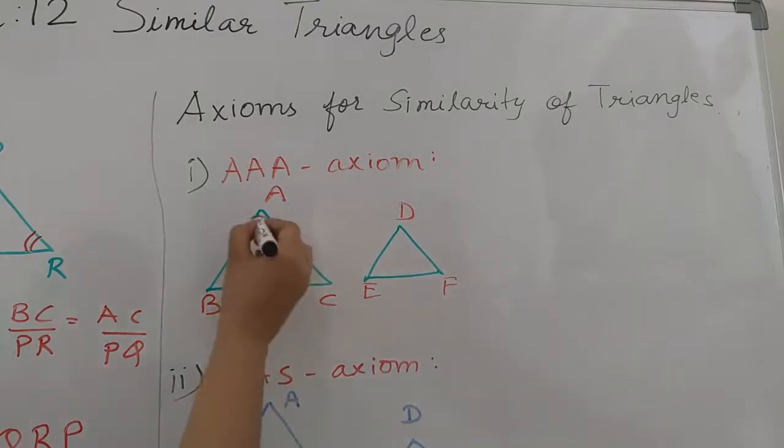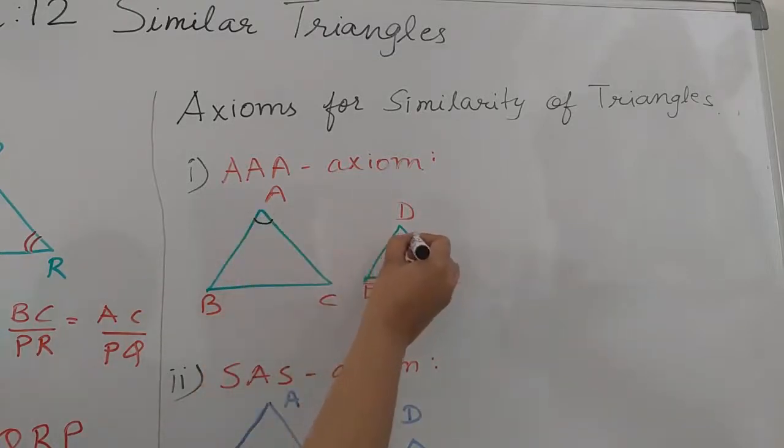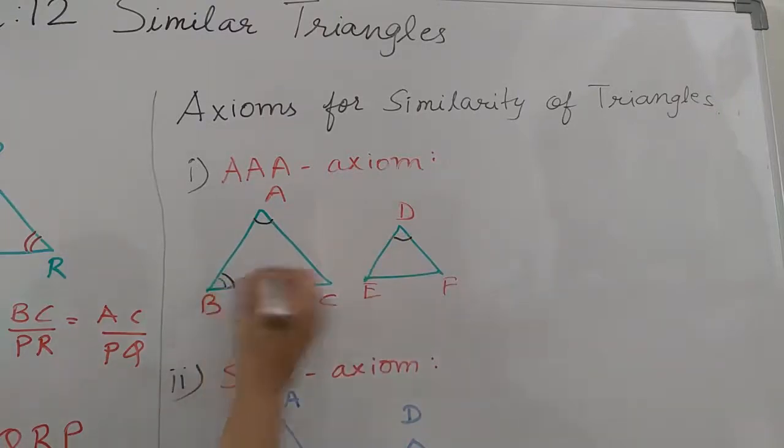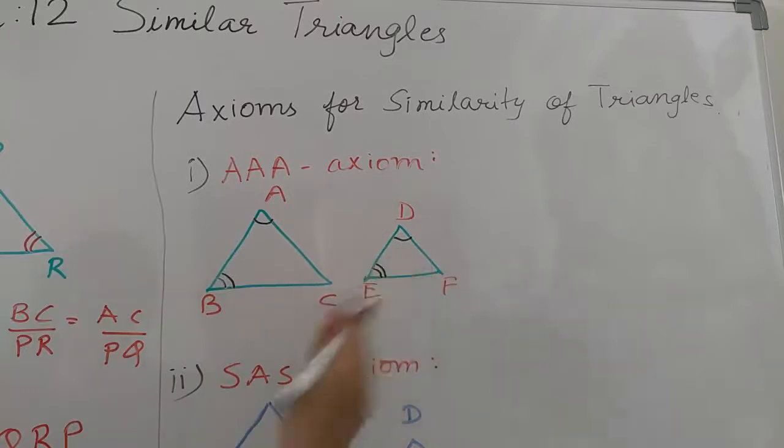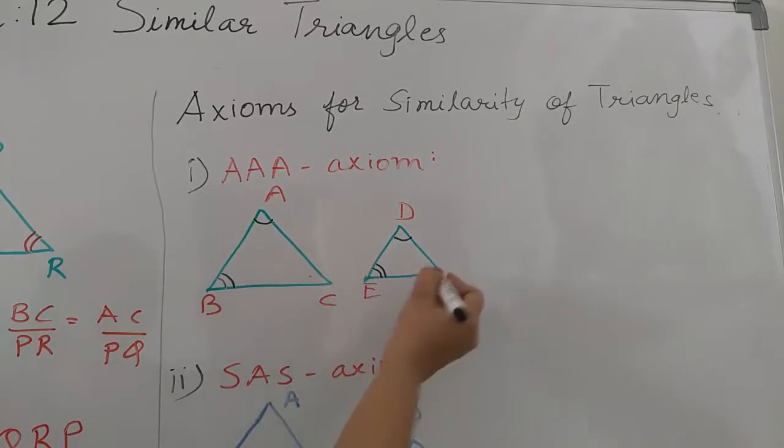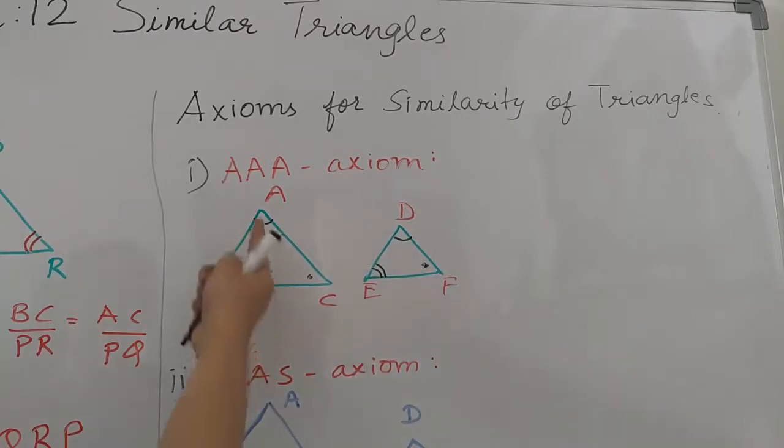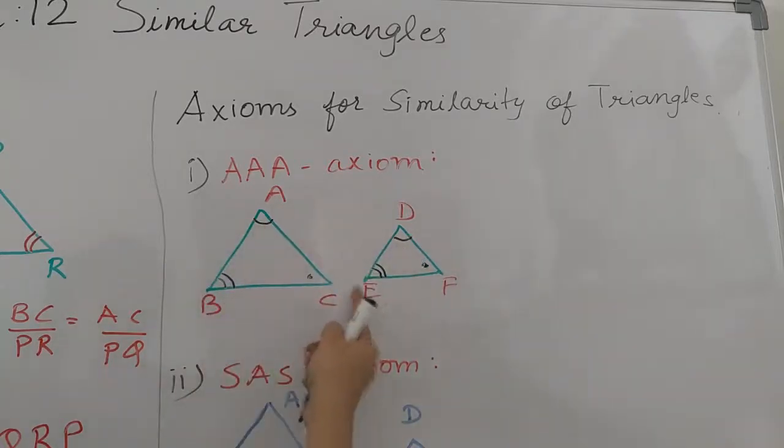But if angle A is equal to angle D in measure, and angle B is equal to angle E, meaning two angles of the triangles are the same in measure, then by angle sum property we can say the third angle is also equal in size. That is our angle sum property. We have already learnt that if two angles are equal, then the third one is also always equal in measure.